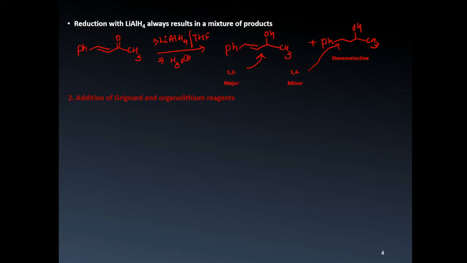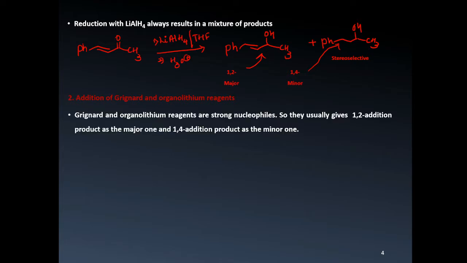Addition of Grignard and organolithium reagents. Grignard and organolithium reagents are strong nucleophiles, so they usually give the 1,2 addition product as the major one and the 1,4 addition product as the minor one. Examples: in presence of Grignard reagent RMgBr and ether.